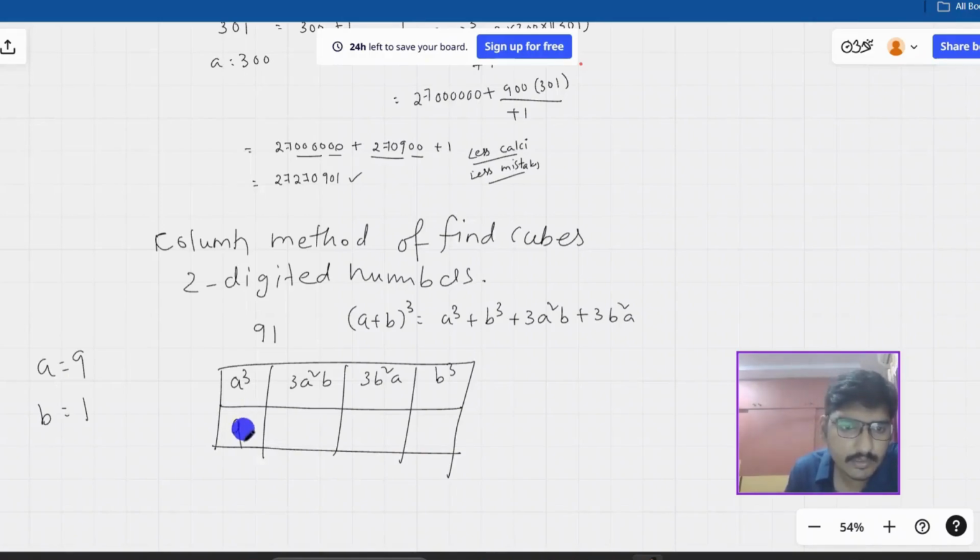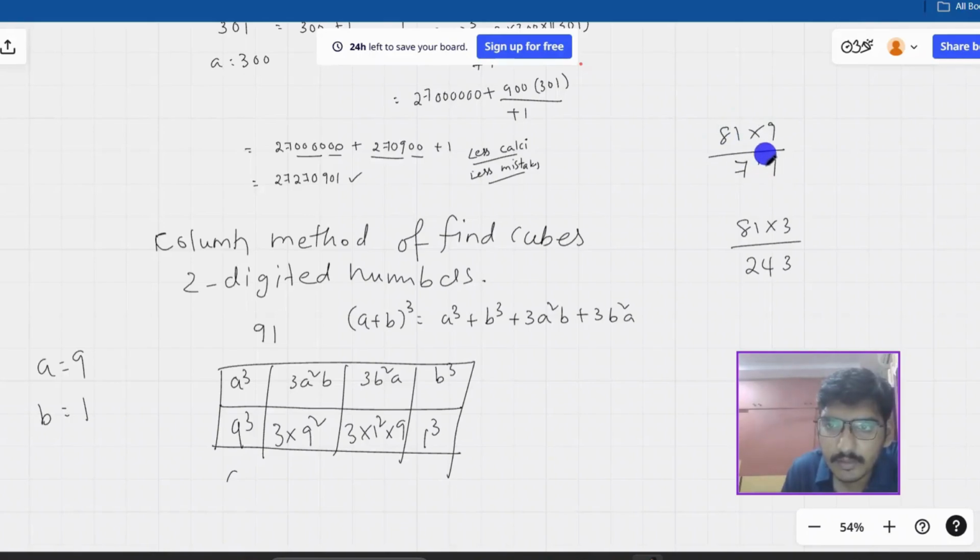Then you get 9 cube here, and you get 1 cube here, and you get 3 into 9 square, and you here get 3 into 1 square into 9, right? 9 square is 81, 81 into 3, it becomes 243, and 9 cube, you all know, is 81 into 9, it's nothing but 729.